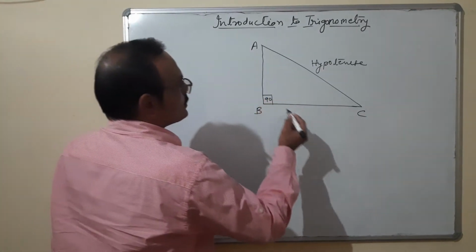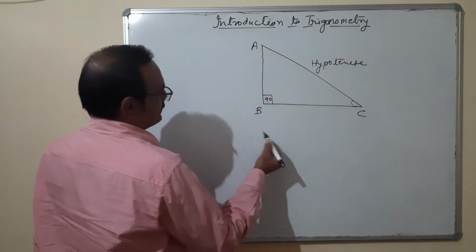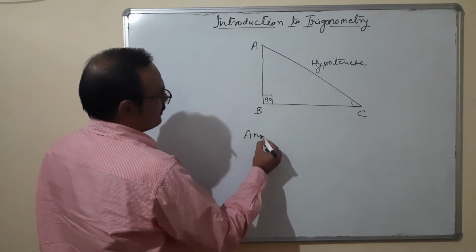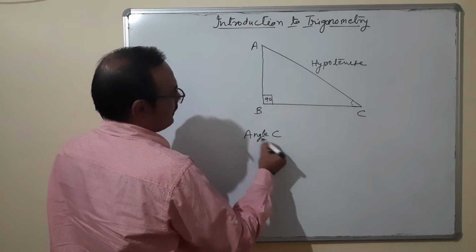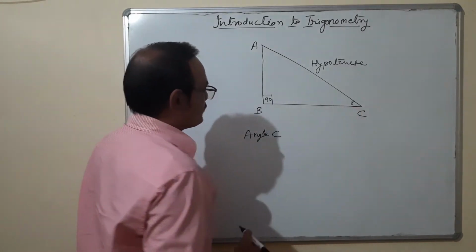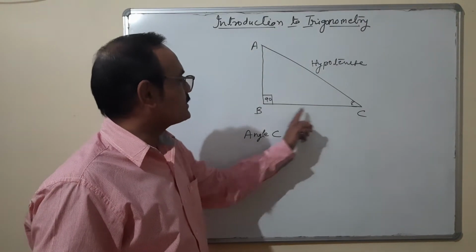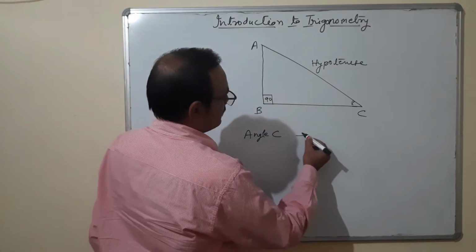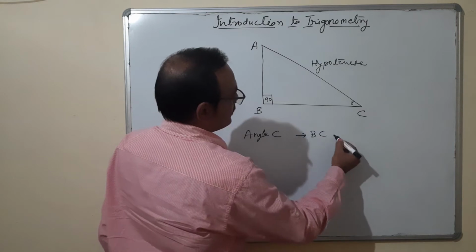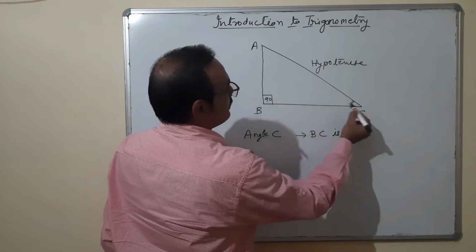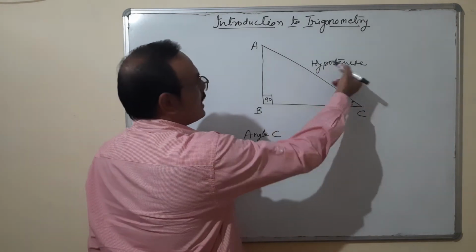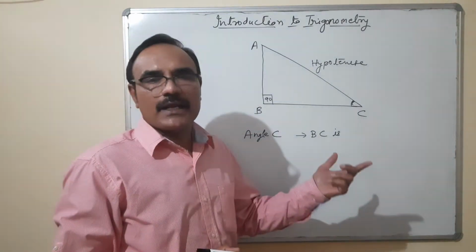When we are talking about angle C, with respect to angle C, the side BC, this is the hypotenuse, which is fixed, opposite of 90 degrees.